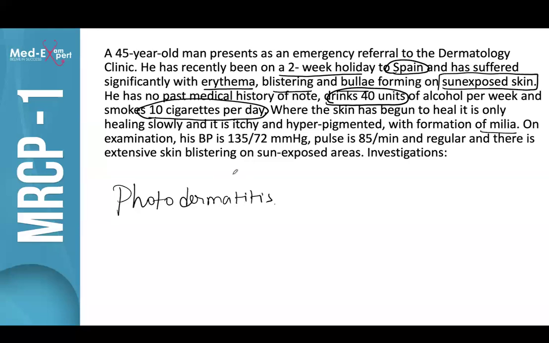Without moving to the next slide, what are the possibilities here? Excellent, Dr. Myra, excellent. Dr. Razia, good. Dr. Maria, good. It's PCT. By studying this, you should get to the diagnosis. You need not go to the investigation.